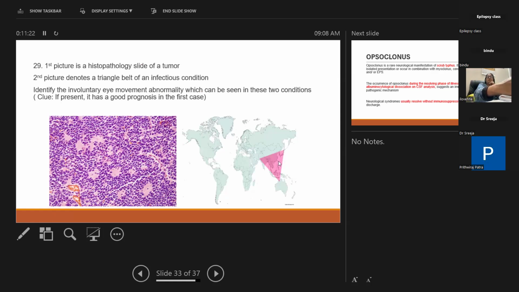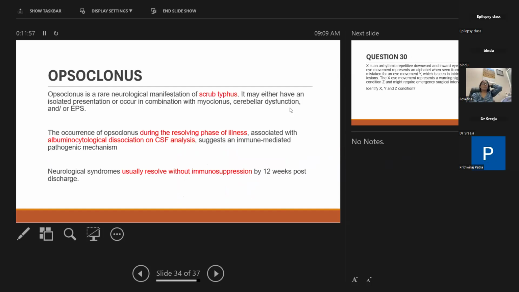The Tsutsugamushi triangle is scrub typhus, madam. It is caused by a tick-borne bacterium, Orientia tsutsugamushi. Usually it will resolve without any immunosuppression by 12 weeks.